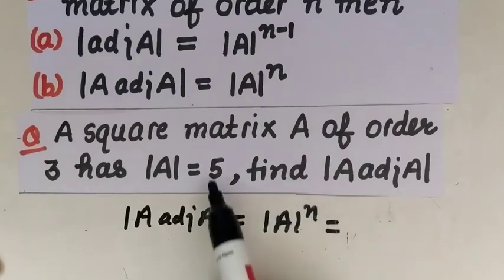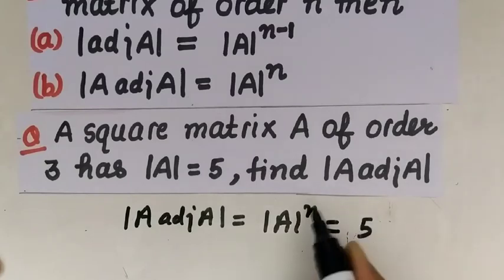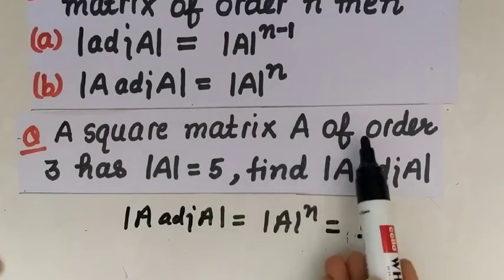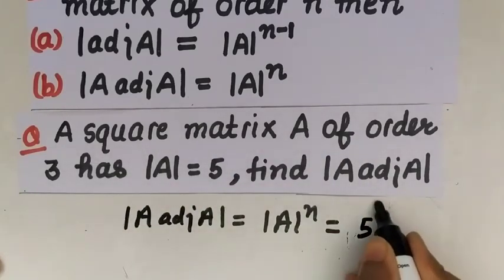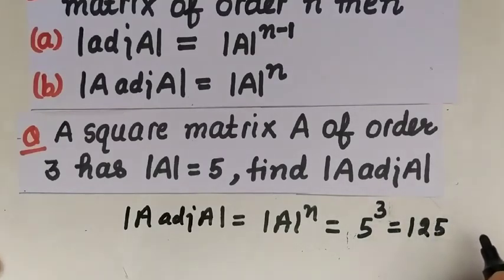Now it is given determinant of A is equal to 5, so I will write here 5. And here n is the order of square matrix A, and it is given its order is 3. That's why in place of n I will put 3. And 5 raised to power 3 is equal to 125. So students, it's very simple. You can do it. And 1 mark and MCQ type questions may come based on this property.